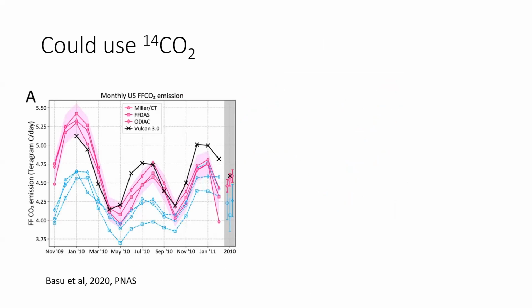Hopefully everyone's aware that fossil fuel emissions are very depleted in delta 14C. This plot comes from a paper from Suresh Basu from last year for the US, where they're estimating fossil fuel emissions of CO2. The blue shows the priors that are used, and the pink lines show their posterior estimates. These posterior estimates then agree quite well with an independently compared inventory.